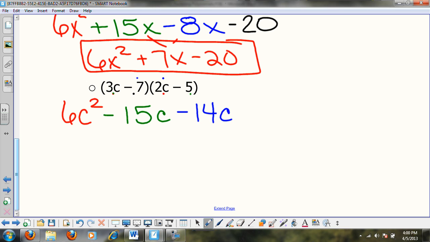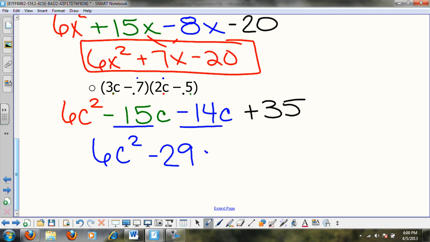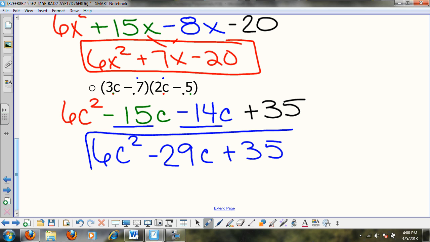Last, negative 7 times negative 5, plus 35. Therefore, my answer is 6c squared, negative 15 minus 14, negative 29c plus 35. See me for your guided practice problem.